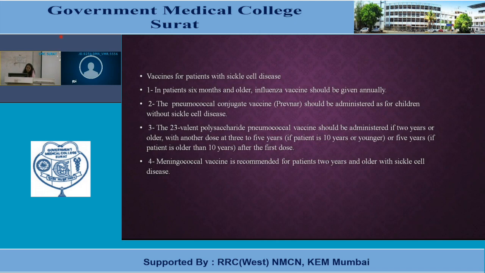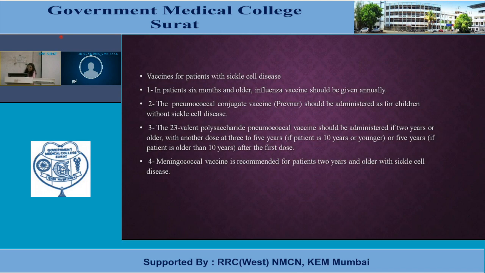If the patient is 10 years or younger, then we repeat the dose at 3 to 5 years, and if the patient is older than 10 years, then we repeat the dose 5 years after the first dose. Then the meningococcal vaccine is recommended for patients 2 years and older with sickle cell disease.